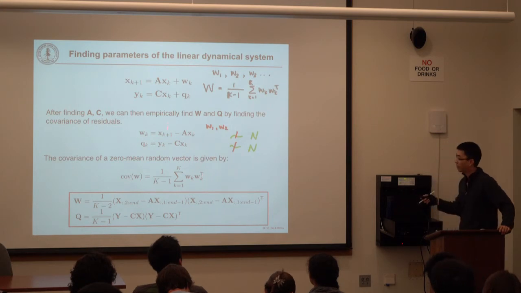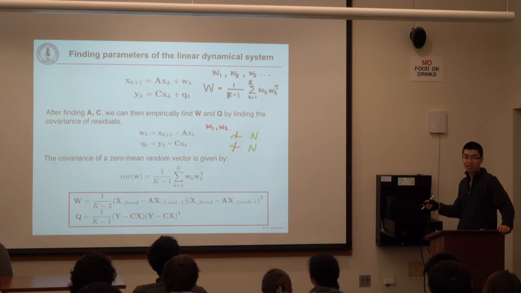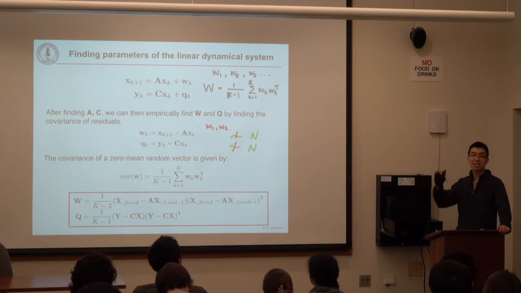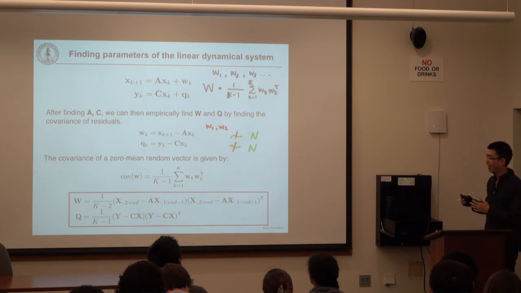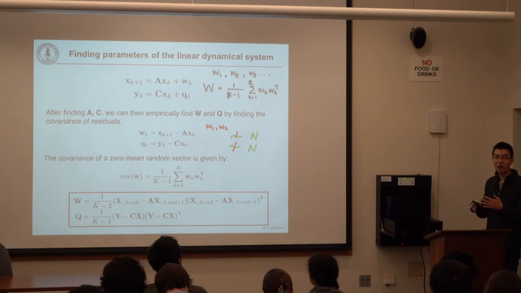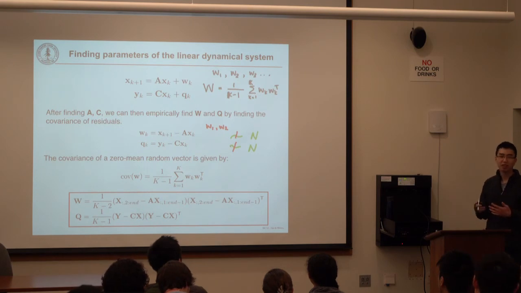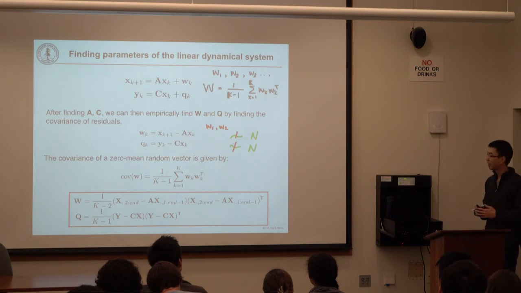But if you actually were to plot out these residuals, the W1s, the W2s, et cetera, you would find that they aren't normally distributed. So it perhaps isn't the best assumption, but it turns out that when we assume more complex noise models or more complex dynamics, these parameters, these W's and these Q's, become a lot more difficult to find. And you really need some more modern machine learning to do that.